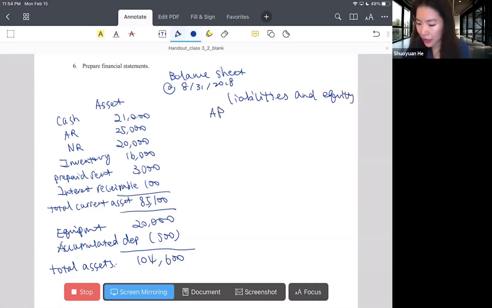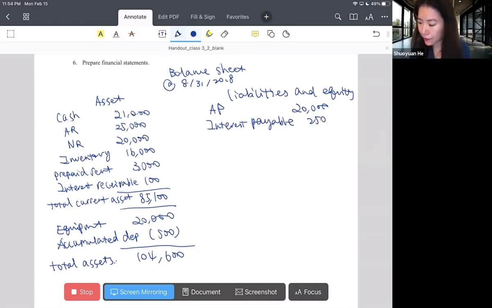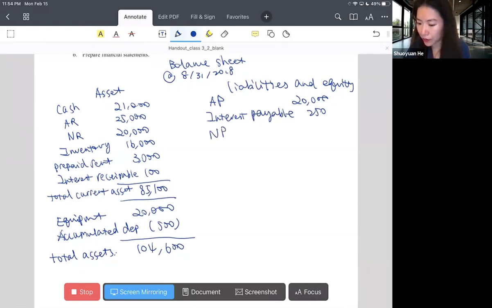Account payable is a liability, 20,000. Interest payable, 250. Note payable, 30,000.